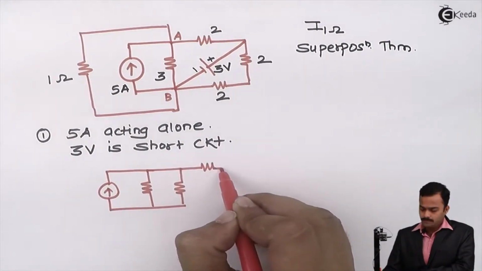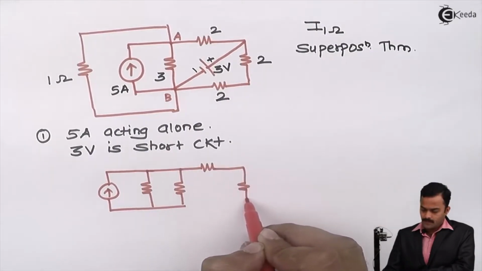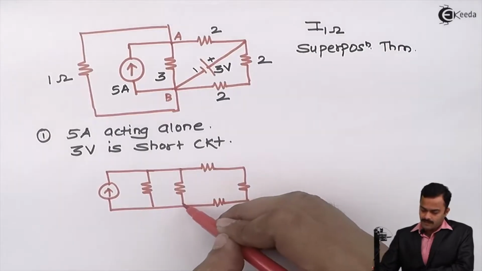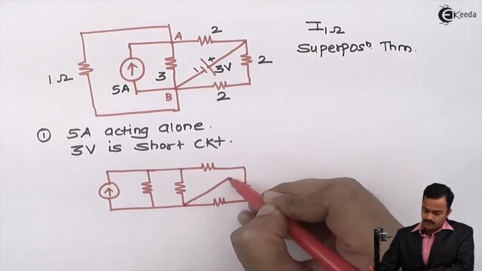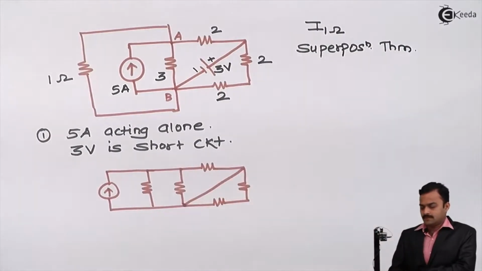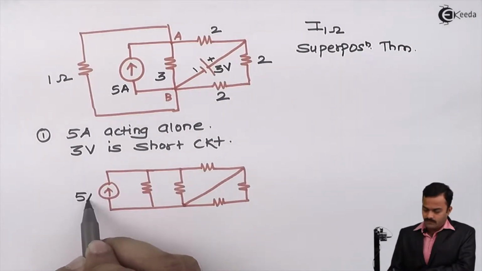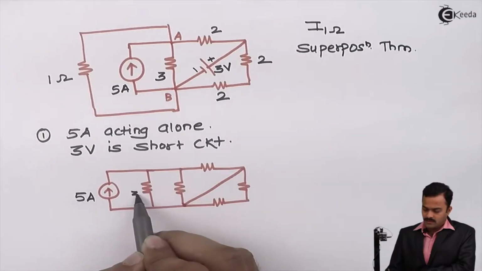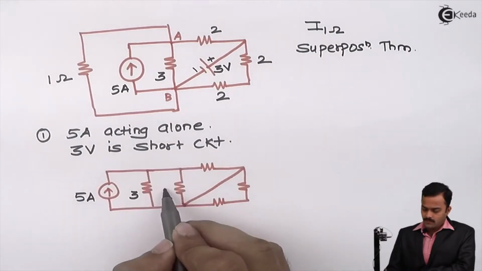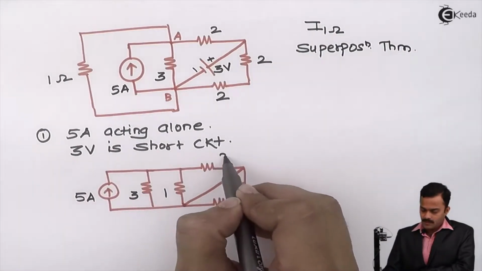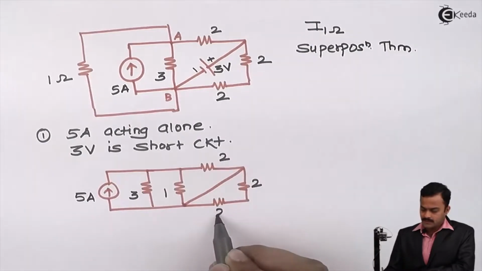This is 2 ohm, 2 ohm in series with this 2 ohm, and 3 volt will be shorted. So the structure will be like this, with 5 ampere current source, 3 ohm resistance, 1 ohm is a target or a load resistance through which we are supposed to find out a current, and these are the remaining resistances.